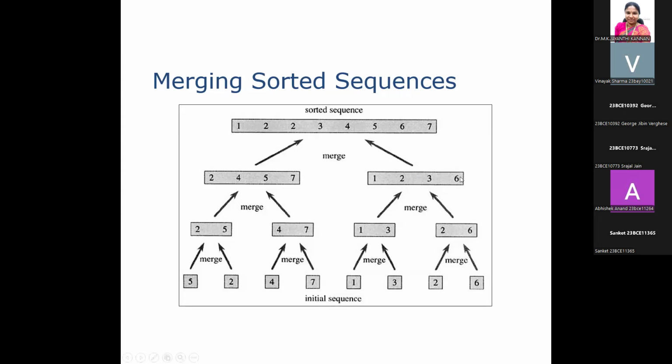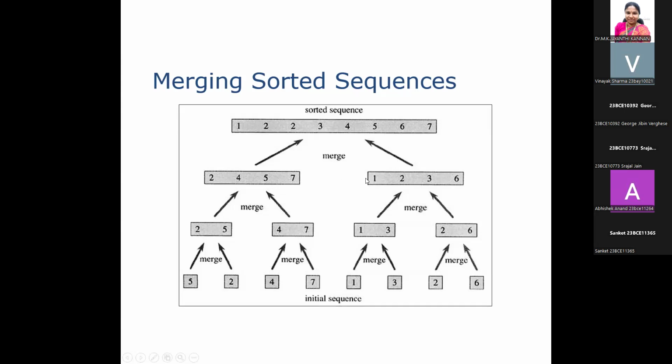While merging these two and sorting, take the first number and compare it with all, because it is already sorted. Here we cannot swap. Again, this is also already sorted. Here we cannot swap. Now we'll merge together, then we will sort. We'll take the first number and compare it with all other numbers. If any number is smaller than 2, that number will be swapped.